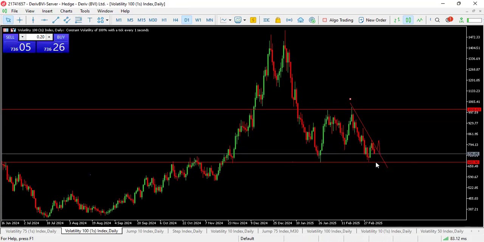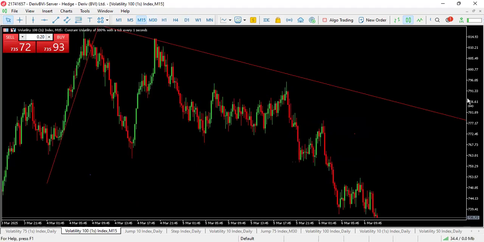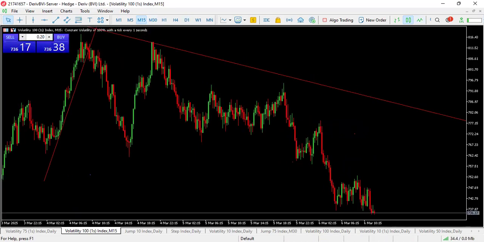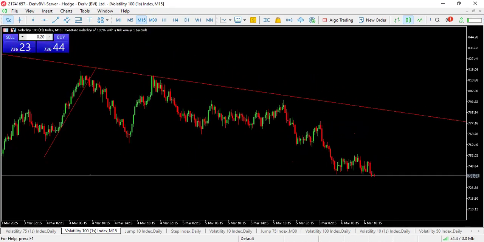So let's wait for the price to break out of this trend line and retest. When that retest happens, you use the 30 minutes or 15 minutes to check it until it gets to that point. Then you jump on the trade. That's how it works.